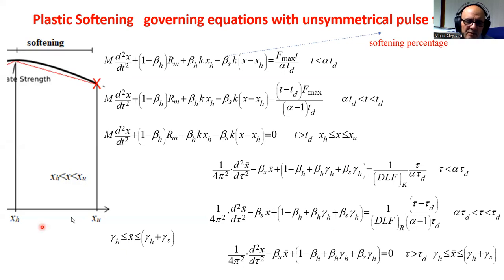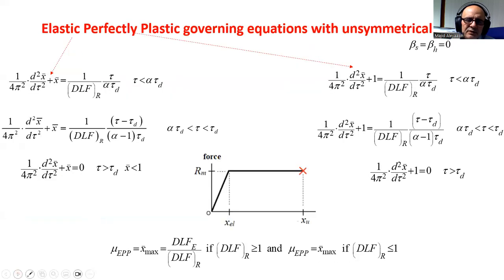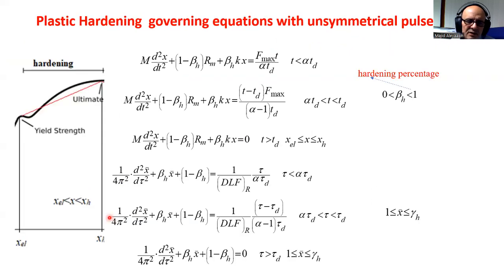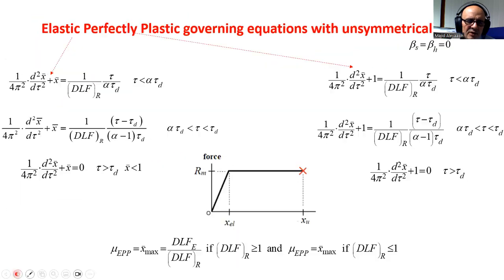Now, what is happening? We can now do simulations of the existing model too, because if we set beta H and beta S equal to 0 in these equations, we ignore the hardening and softening, so we have elastic perfectly plastic: these three for elastic, these three for perfectly plastic.